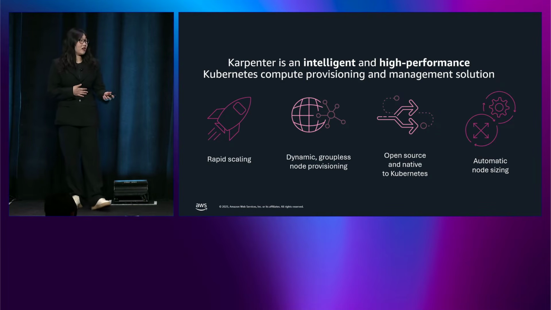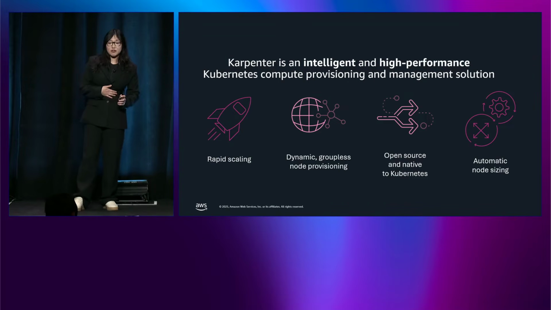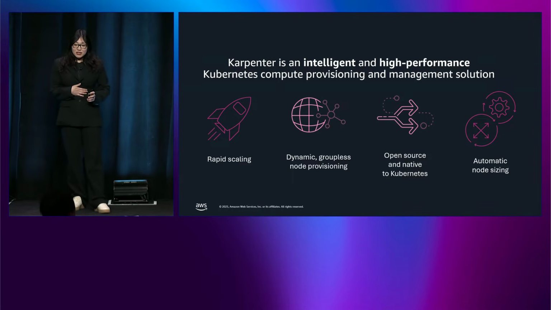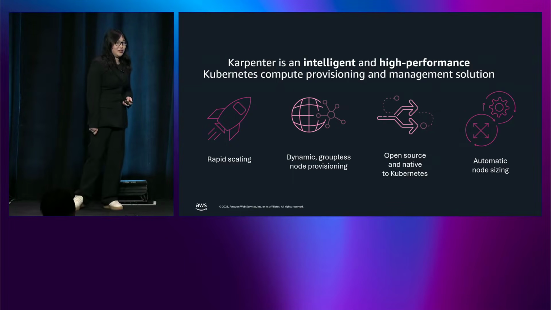And that's where Karpenter comes into play. Karpenter doesn't use node groups or autoscaling groups. Instead, it manages the EC2 instances directly. Karpenter is an open source Kubernetes cluster autoscaler that provides dynamic, groupless provisioning of worker nodes.